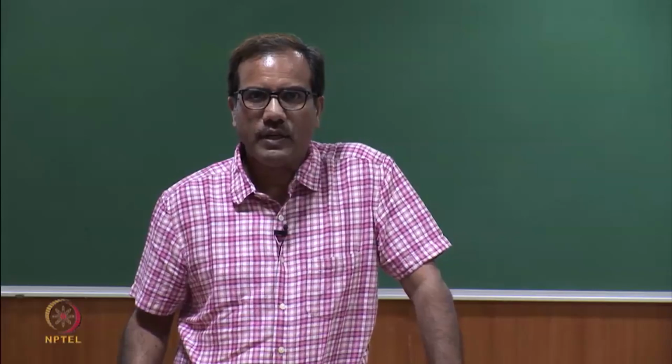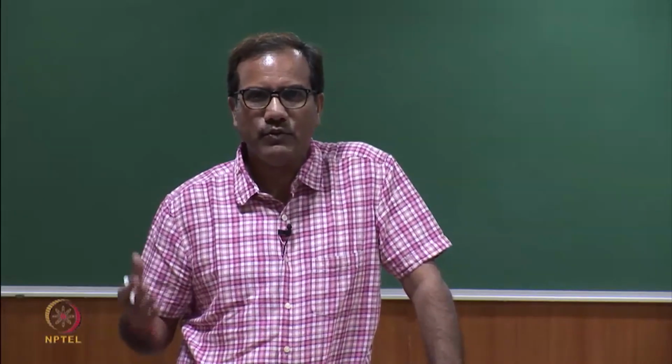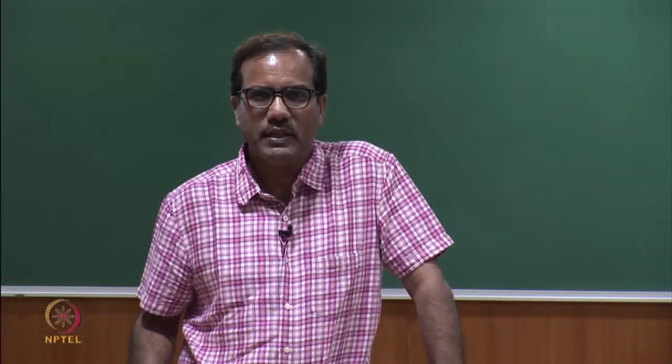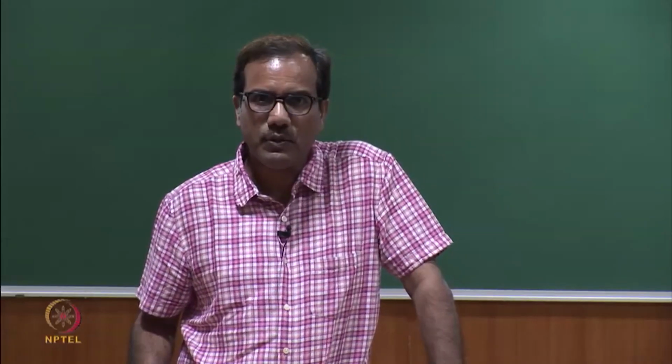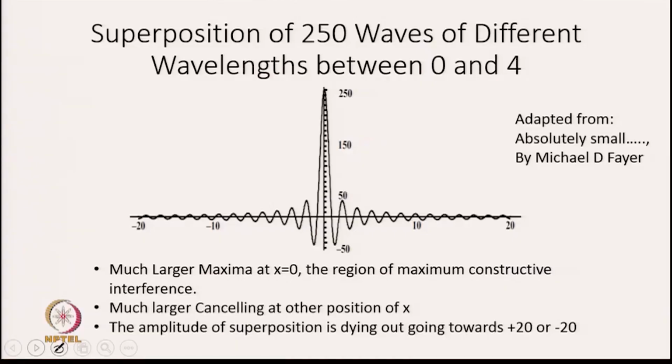Now, think of what will happen if there are 250 waves. This is the example where 250 waves are taken of different wavelengths between 0 and 4, and phases are adjusted so that at x equal to 0, there is a region of maximum constructive interference.